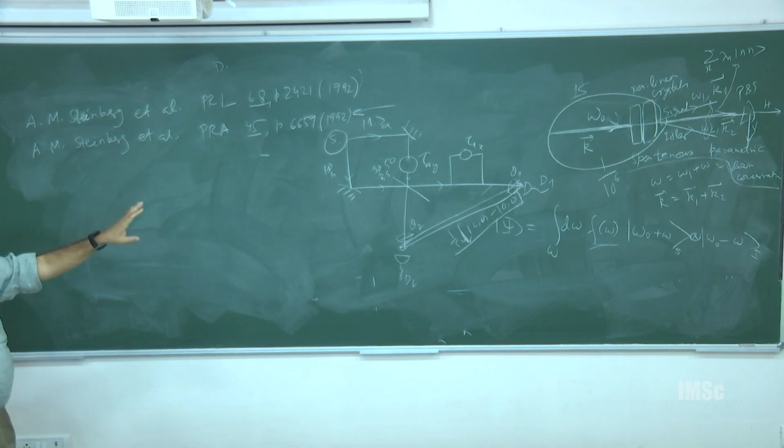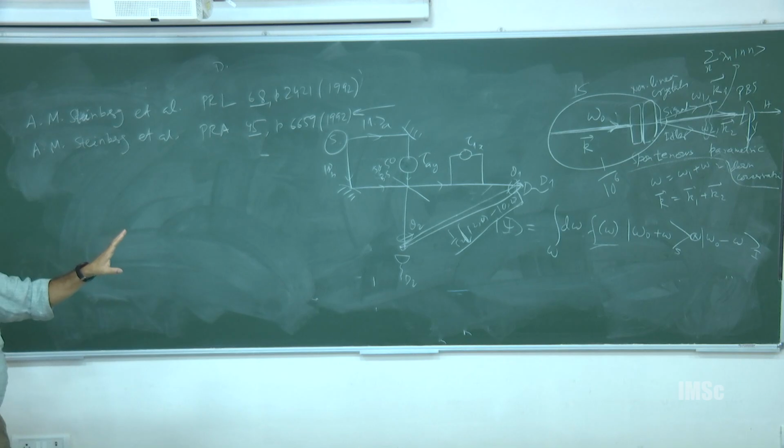But I'll have to go through it, and we'll have to do it properly. Then this is the formalism one should use. So if you want to do that, you can take a look at it.